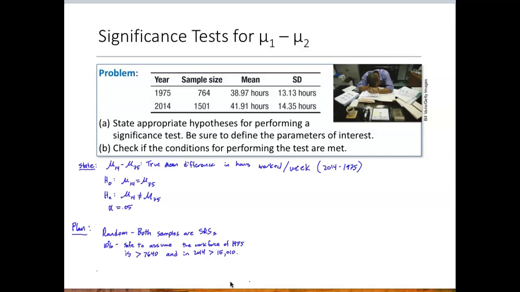And then large counts, this one's nice, we don't have to graph it, because both samples, so I'll just call this sample 14 equals 1501, which is definitely greater than 30, right? And then my sample size from 1975 equals 764, which is definitely greater than 30. So we're good to go.